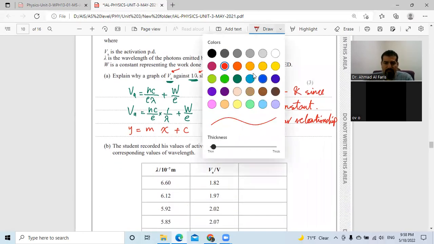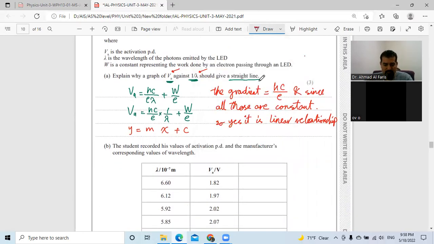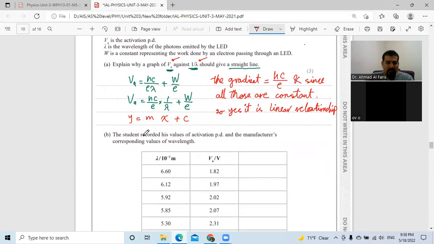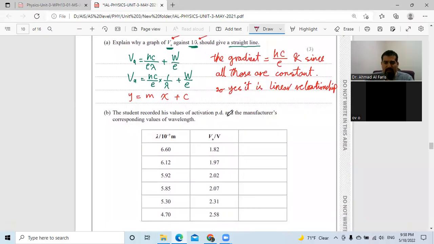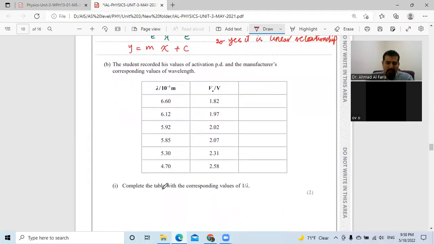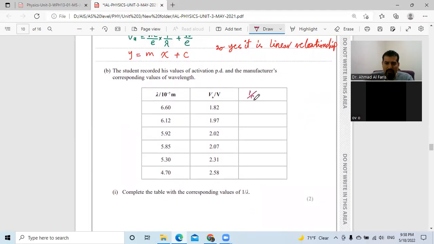Next. B. The student recorded the values of the activation PD, and the manufacturer's corresponding values of the wavelength, lambda, in 10 to the power of negative 7 meter, and the activation voltage, and these are the values. We have a column here which is not included. Complete the table with the corresponding values of 1 over lambda.